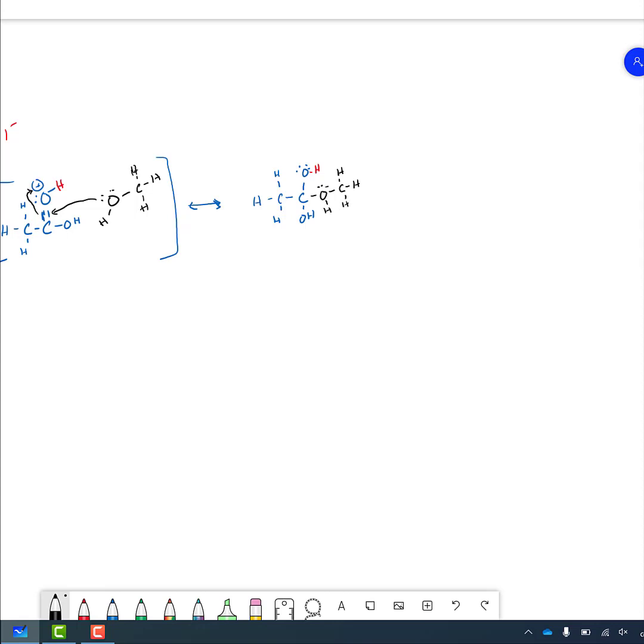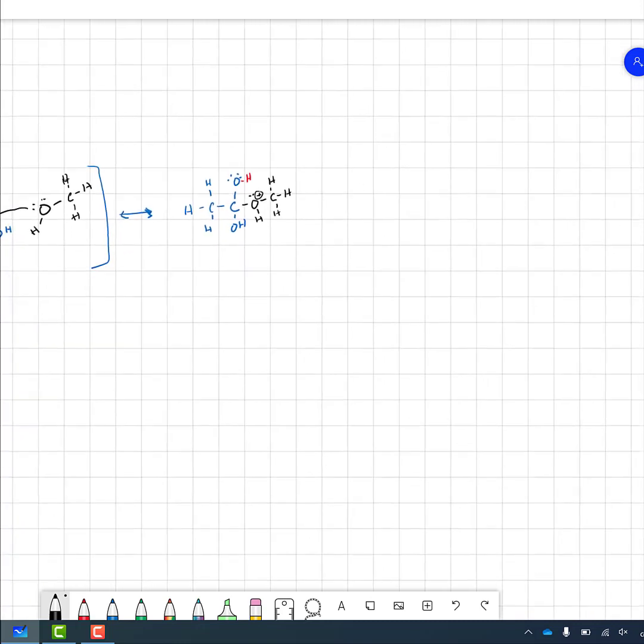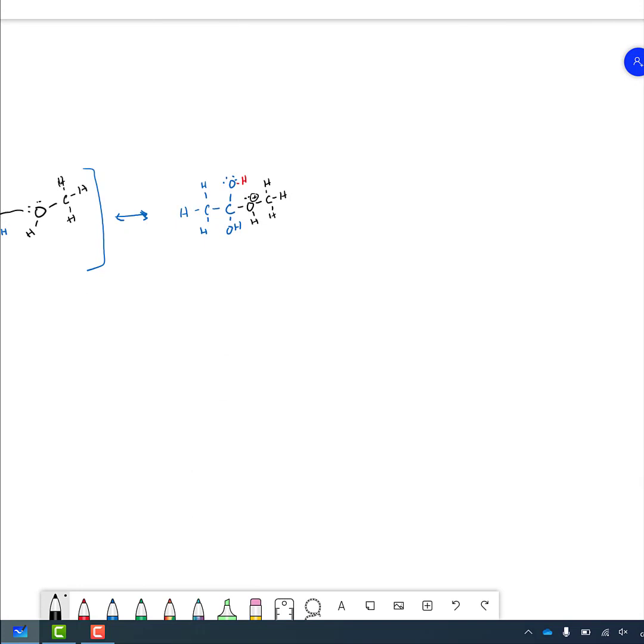But now this new oncoming oxygen with the new alcohol is unhappy. It's got a plus charge on it, 3 bonds, unhappy. So something's got to give. Well, we happen to be in water.